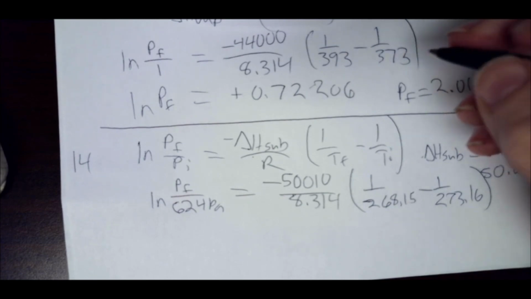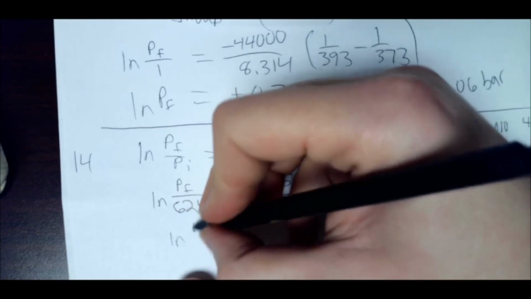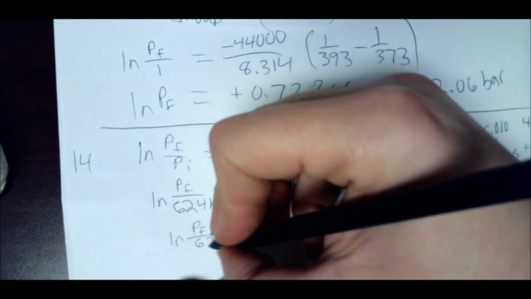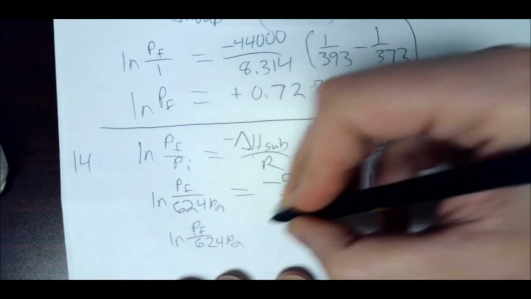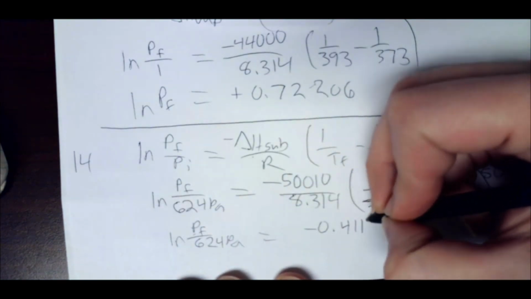Same general process. I'm going to plug these values in. You get ln PF over 624 pascals equals -0.41142.